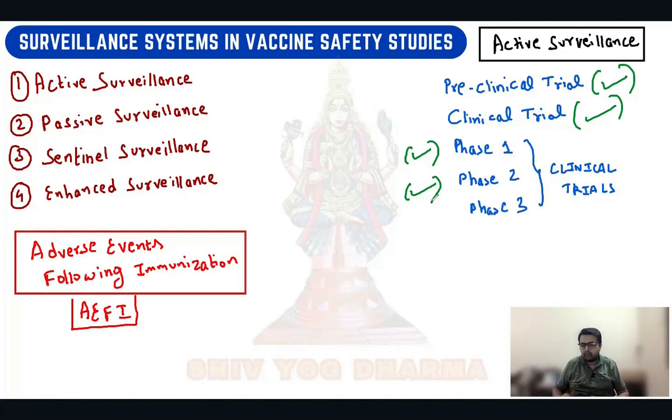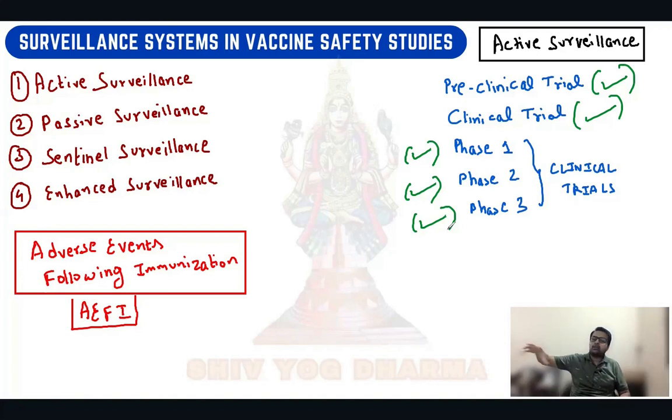It is very important. In phase 3, we do a long-term vaccine safety study, wherein once the vaccine has been administered to a very large population, after 1 month, after 50 days, or after 6 months, we take a population of 10,000 or 5,000 people and check for AEFI.